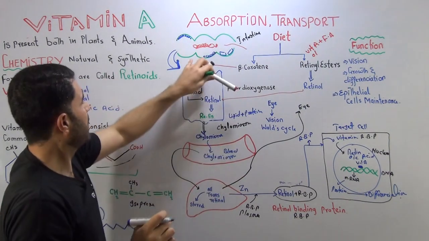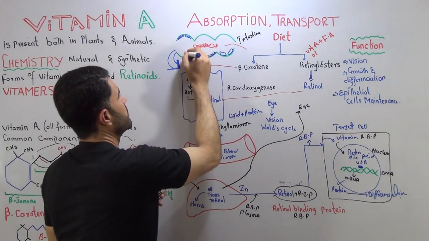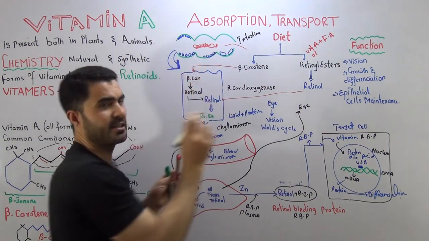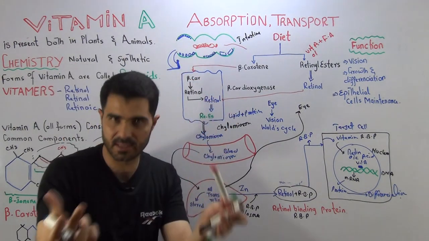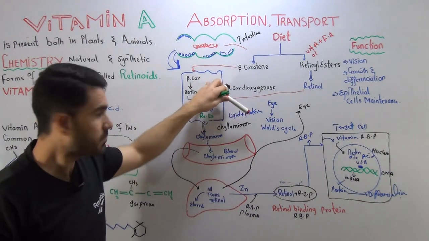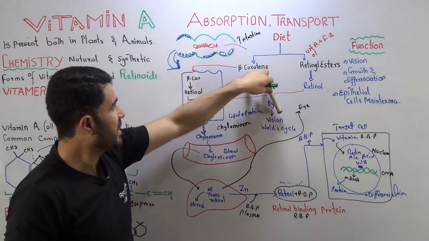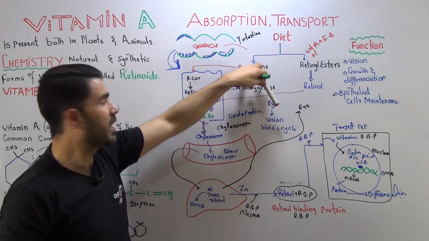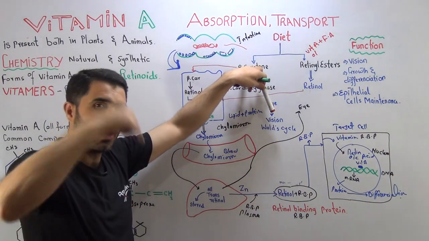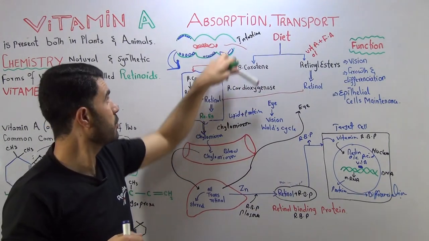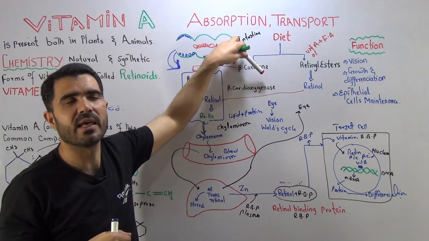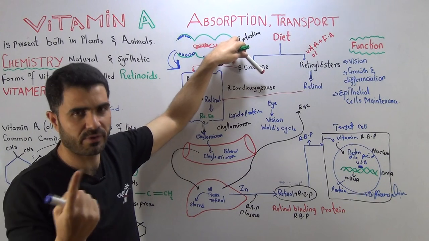Okay, but just one cell, if I take just one cell here, and this is the diagram of just one single intestinal cell, beta carotene will be absorbed directly into that intestinal cell. Of course, from the lumen, L-U-M-E-N, lumen of your intestine.